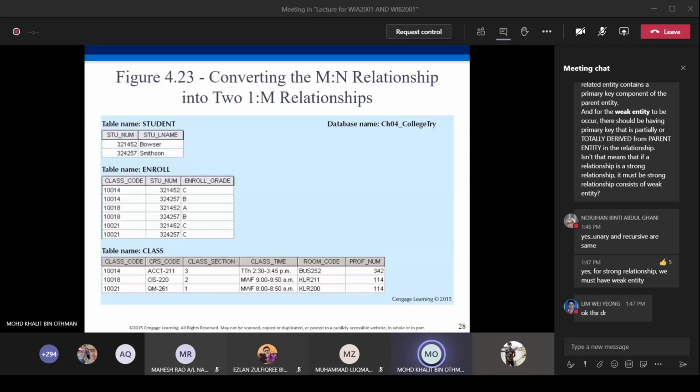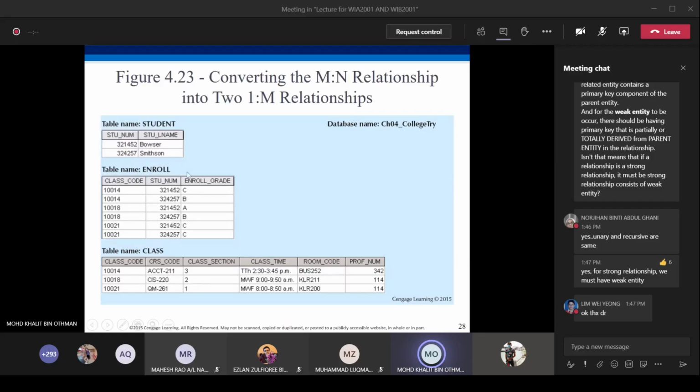Also in the enroll table, student number 321452 occurs three times, but on the other hand occurs only once in the student table.